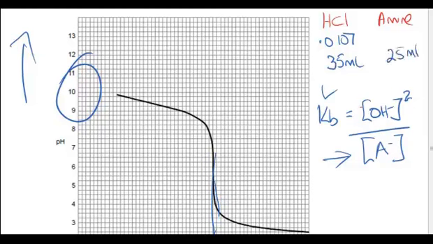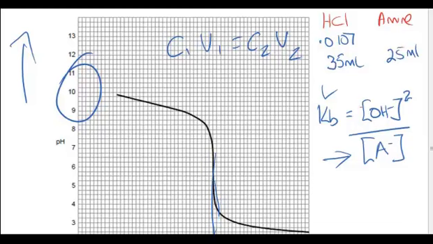If we use the formula C1V1 equals C2V2, there's just one proton being exchanged here, so we don't have to worry about that ratio.